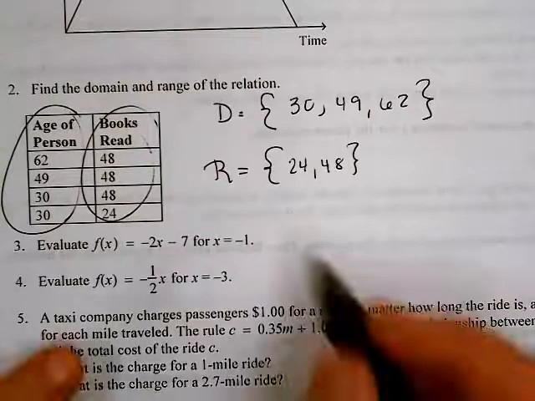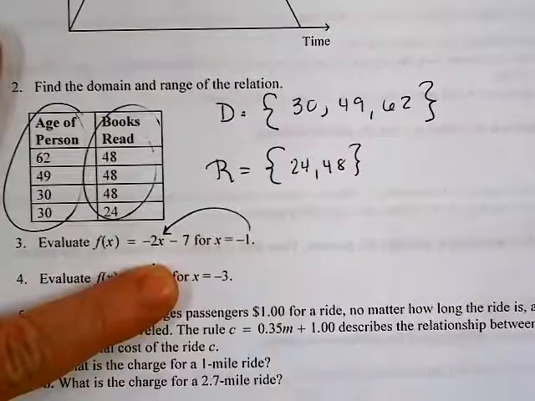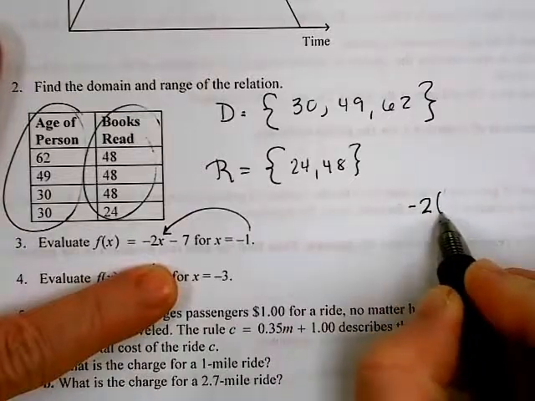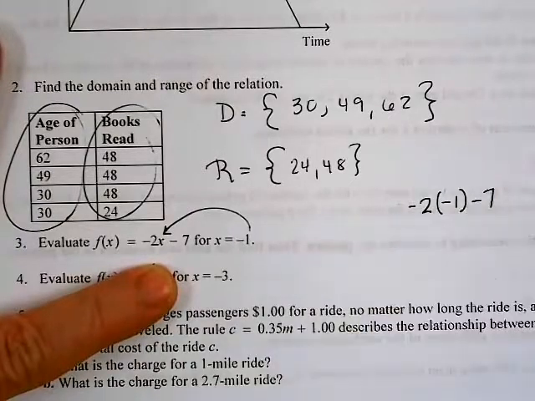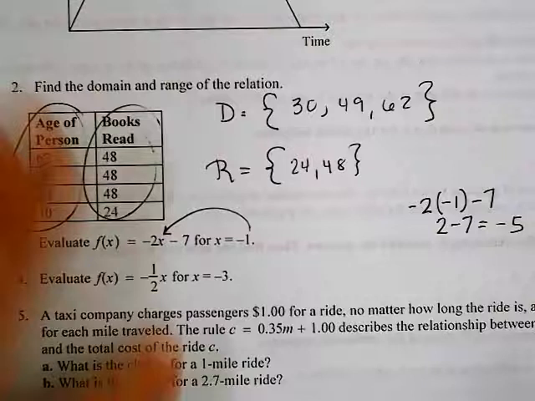X is -1, so you're going to take that -1 and place it in place of the variable. So it's -2 times -1 minus 7. -2 times -1 is 2. 2 minus 7 is -5.